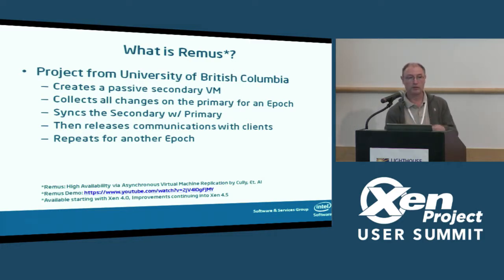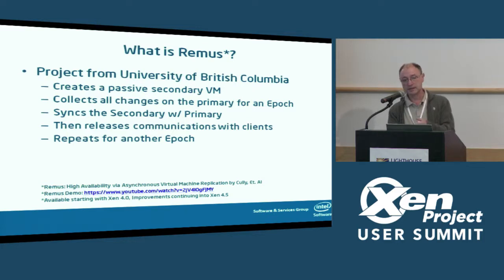And so the way Remus works is it will handle things in an epoch, so a certain amount of time. It receives the requests that come in, and it will answer the request, but it buffers the output from the server. And as it buffers that up, it collects all the state that it can release at the end of the epoch.